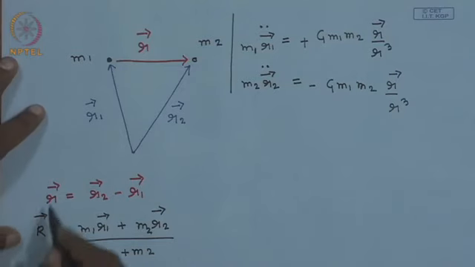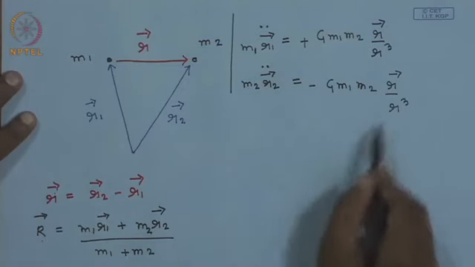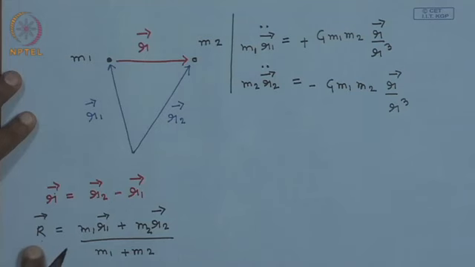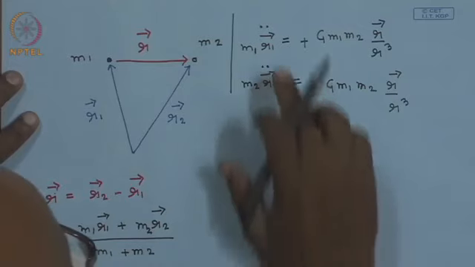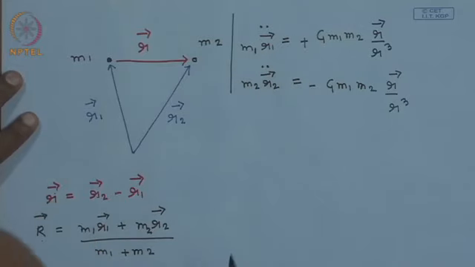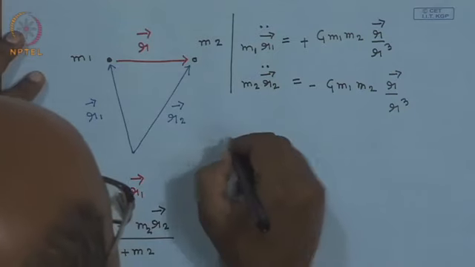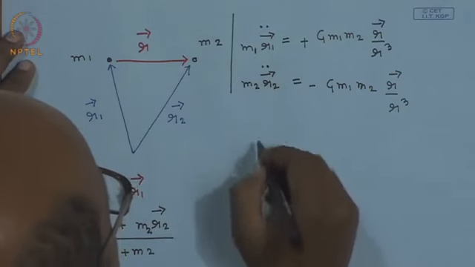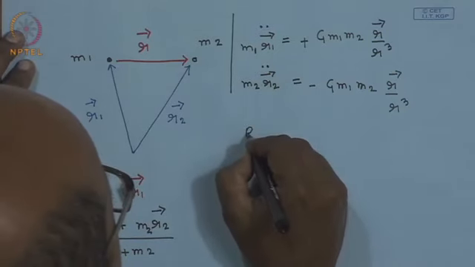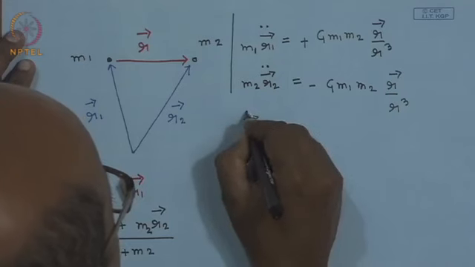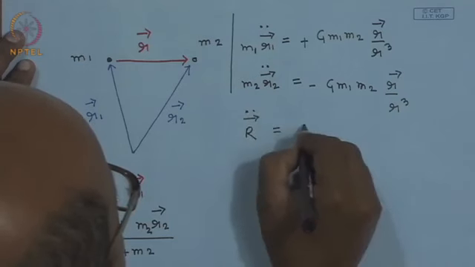So, in terms of these two vectors, what are the equations of motion? Let us first work out the equation of motion for the center of mass. This can be worked out by just adding these two equations. If I add these two equations, what I get is R double dot is equal to 0.